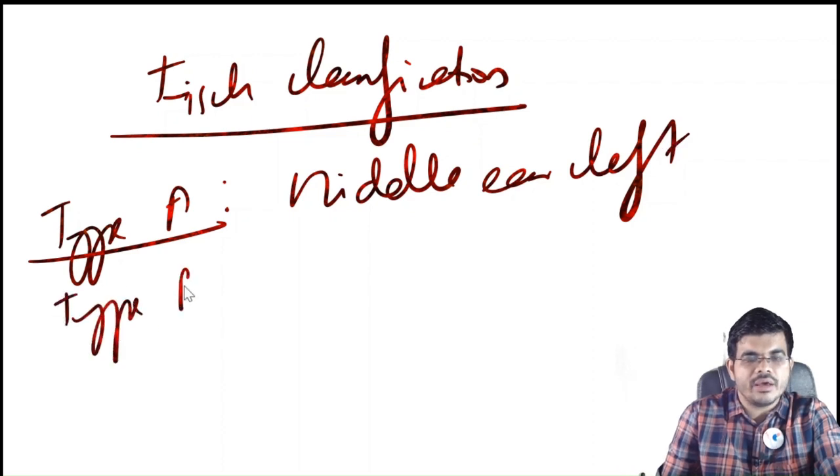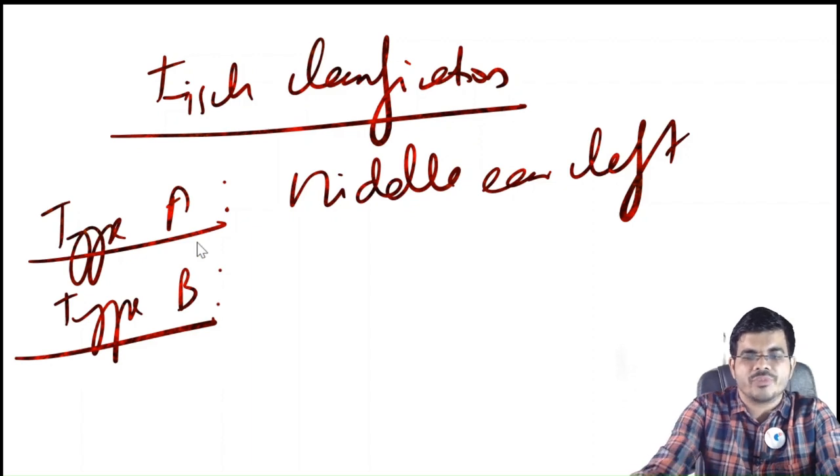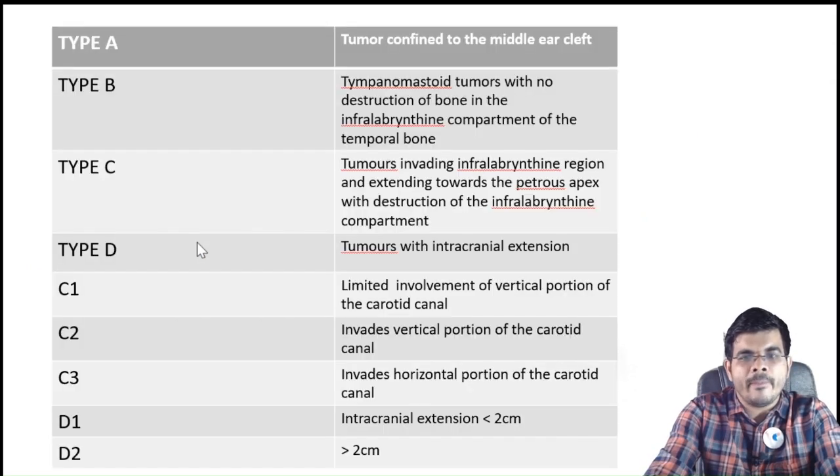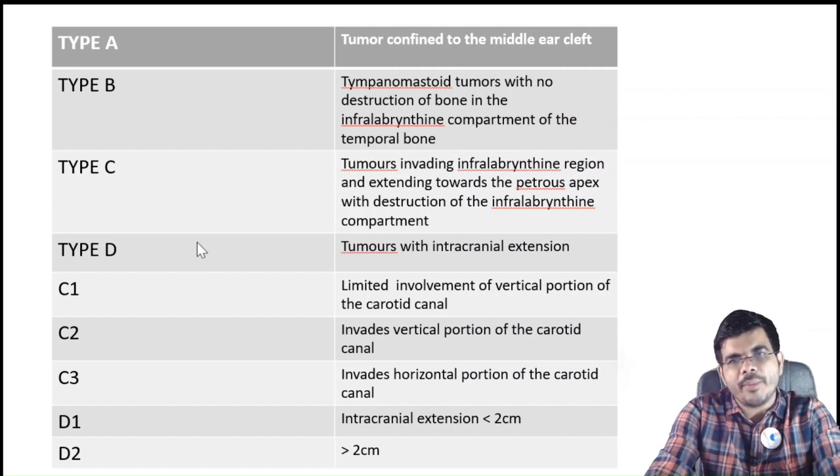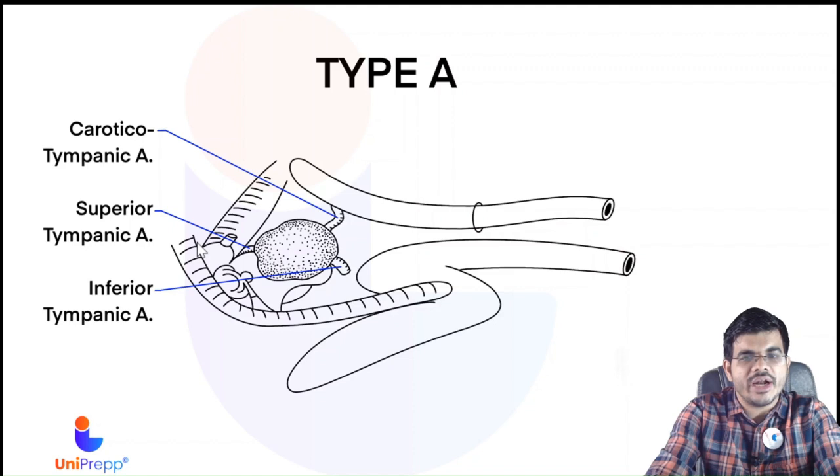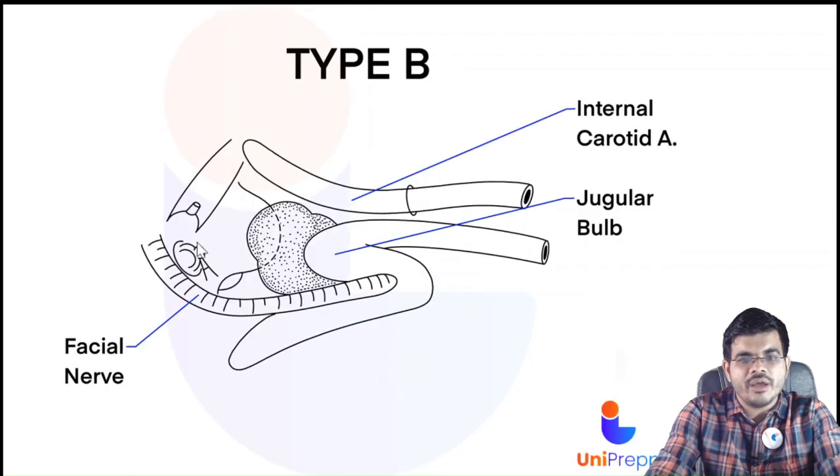In type B, it goes on to involve the mastoid, but there is no involvement of the infralabyrinthine compartment. So this is type A, which is completely confined to the middle ear cleft. In type B, as you can see here, it is going into the mastoid.